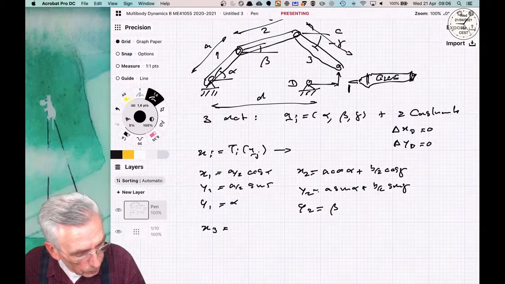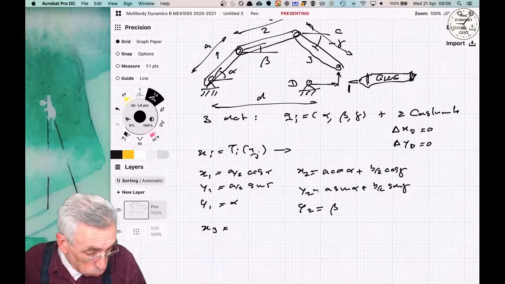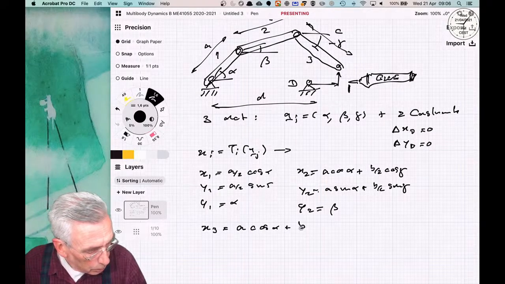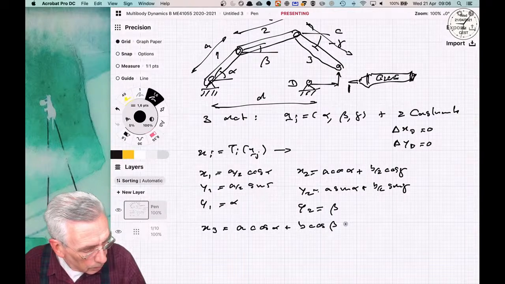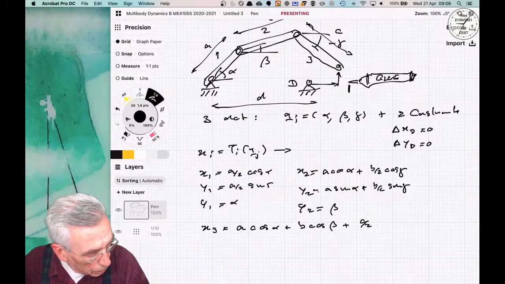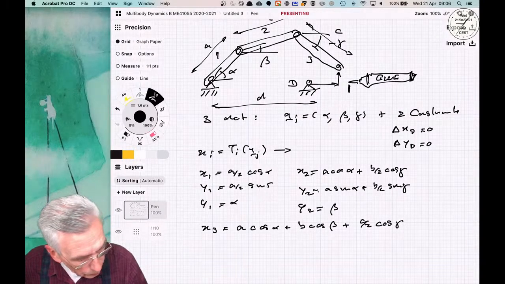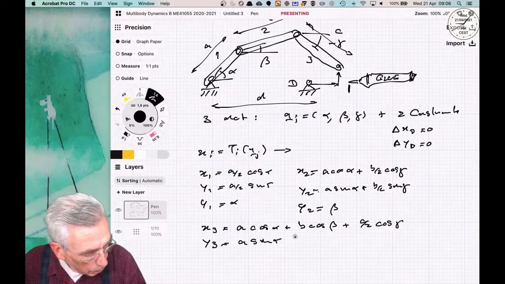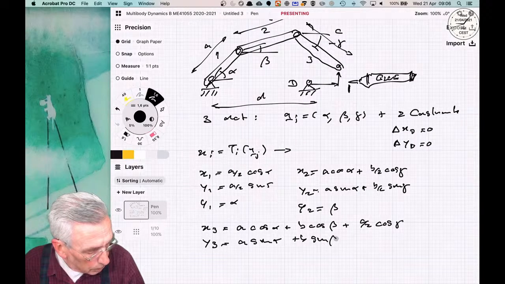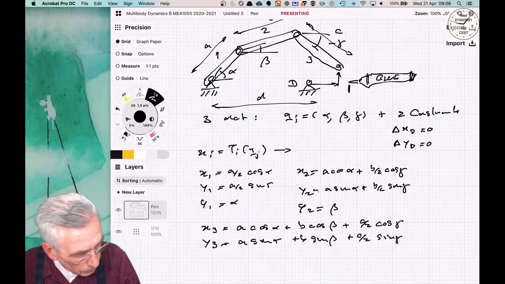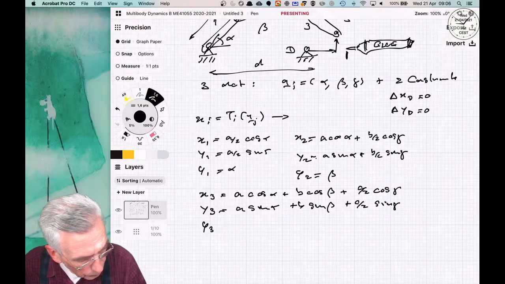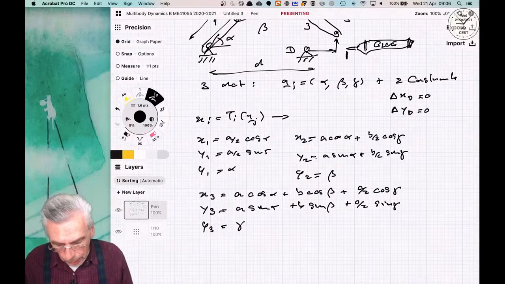And x3 is a cosine alpha plus b cosine beta plus c over 2 cosine gamma. Well, let's finish it up: y3 is a sine alpha plus b sine beta plus c over 2 sine gamma. That's good. And then of course phi 3 is this gamma.